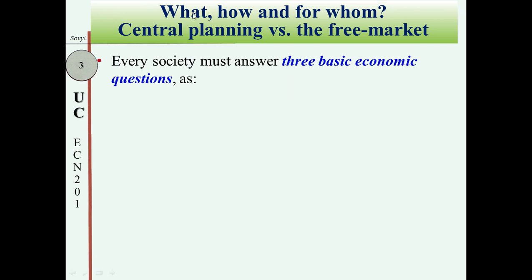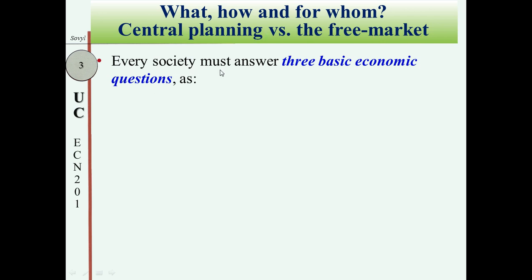What, how, for whom? These three terms are the prefixes of the question forms. Central planning economy and free market economy are economic systems.